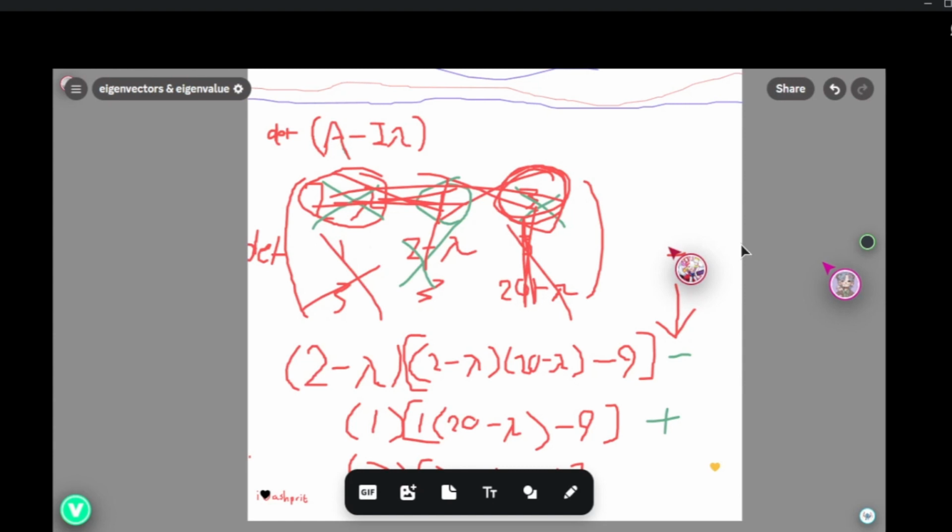So does anyone not get this massive chunk of numbers? Like, have I lost anyone, basically? If so, just type in the study VC chat. I'll try my best.